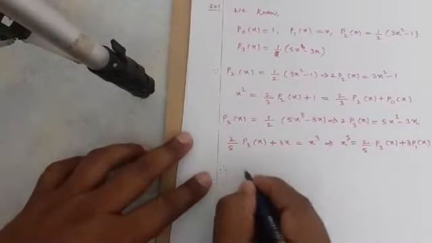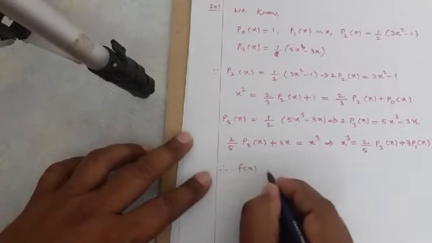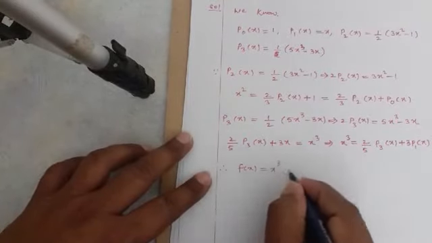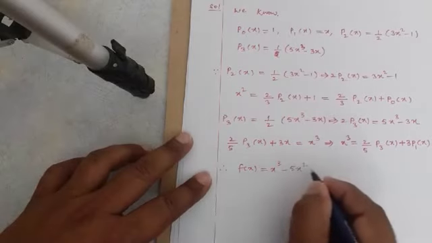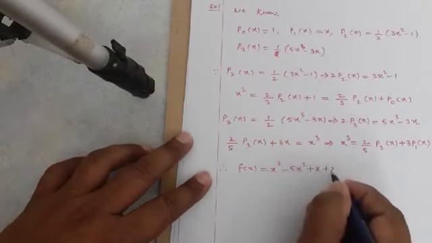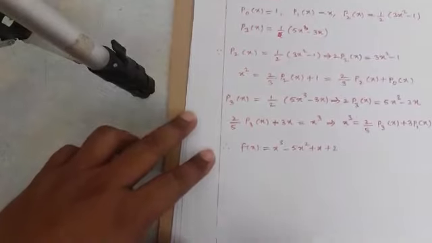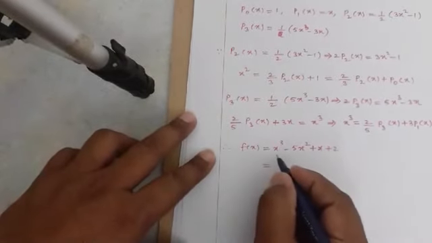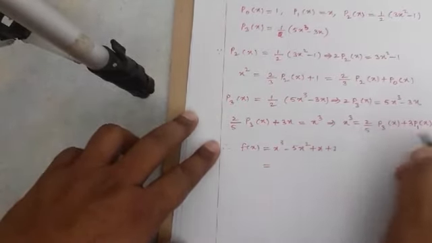Therefore f of x is equal to x cube minus 5x square plus x plus 2. Then this is equal to, in the place of x cube we substitute this whole term.